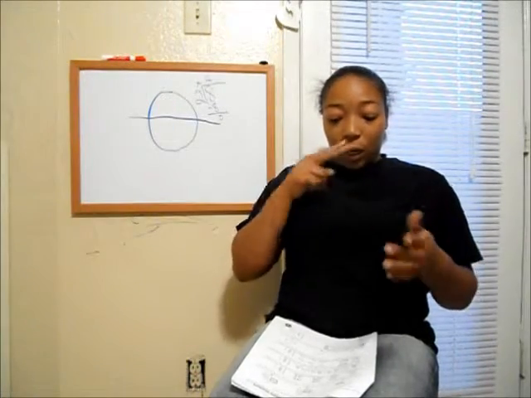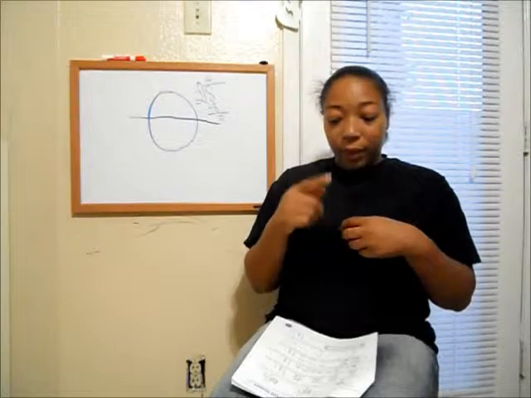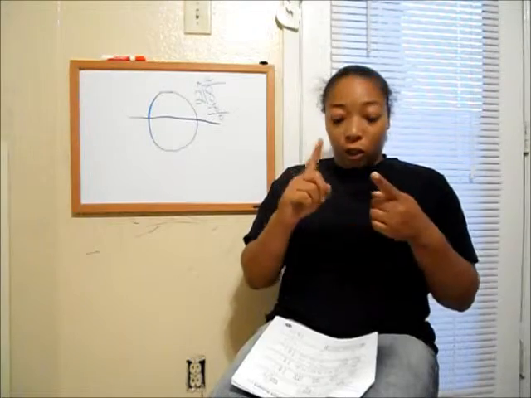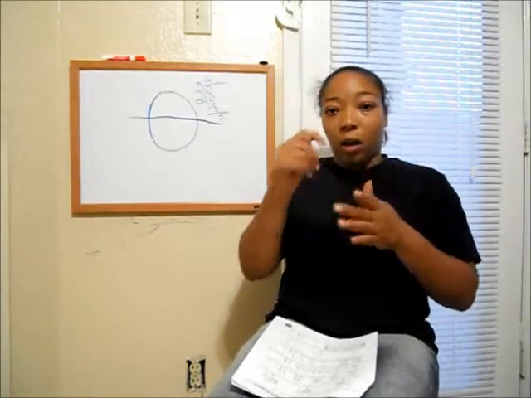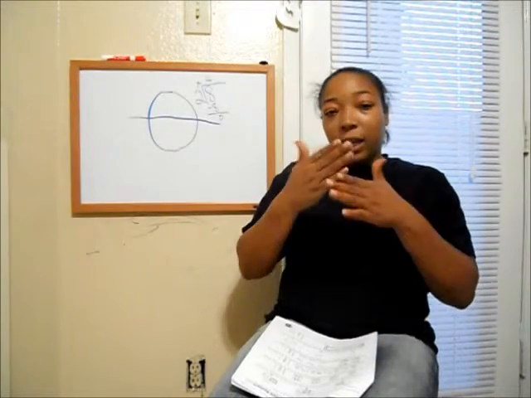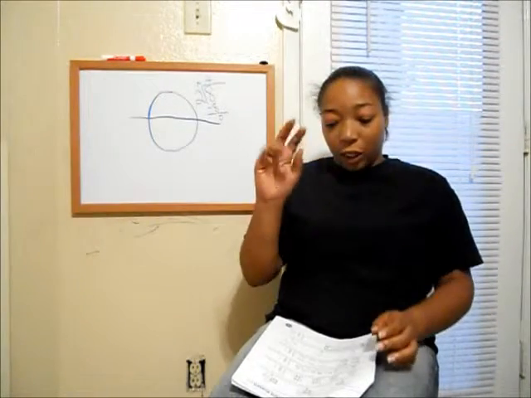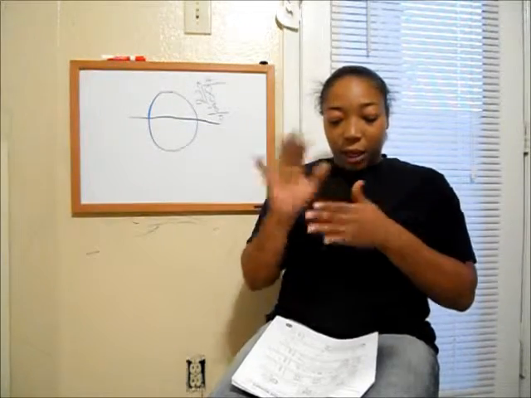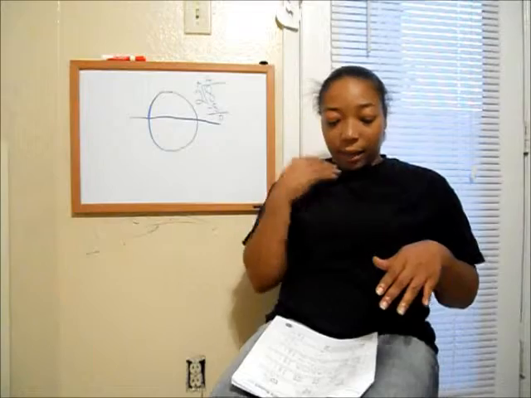So, when we look at this problem, the easiest way to solve it would be to count all the children's heads and then divide that number by 2. So, please count all the children's heads.